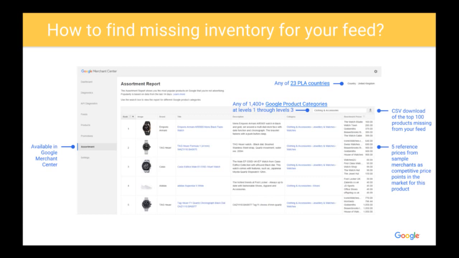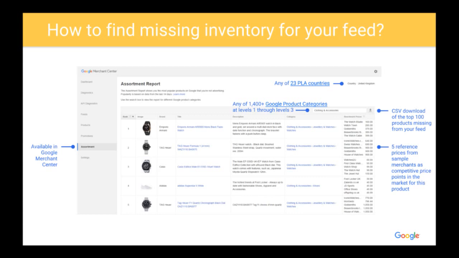You can see benchmark selling prices for these products. This information can be helpful in identifying new brands and products to add to your assortment and reach even more customers with these in-demand products. The data is based on the popularity of these products on Google Shopping, so this does offer a near real-time view into online consumer demand for these products.